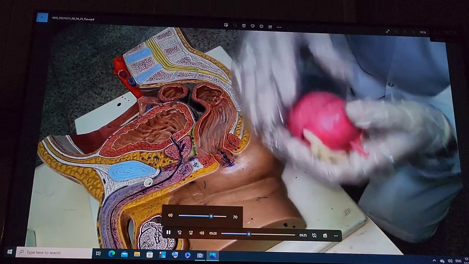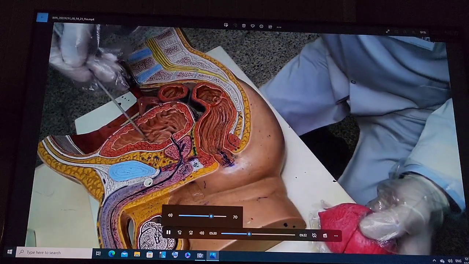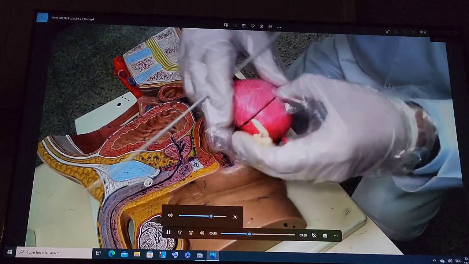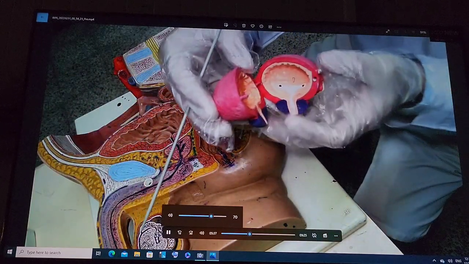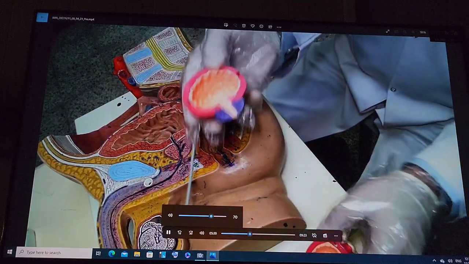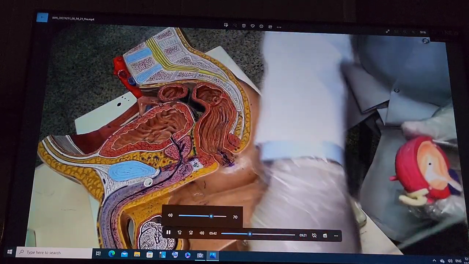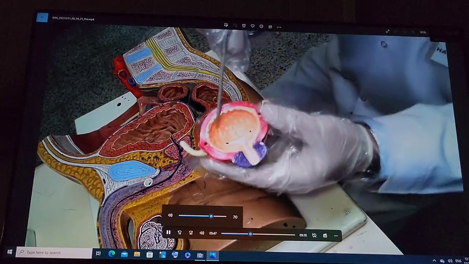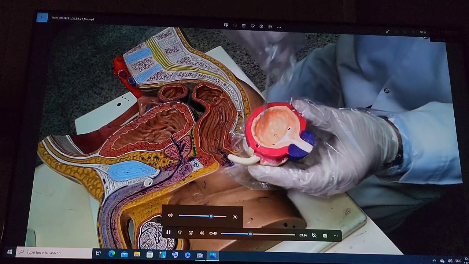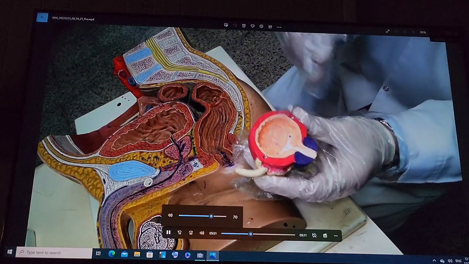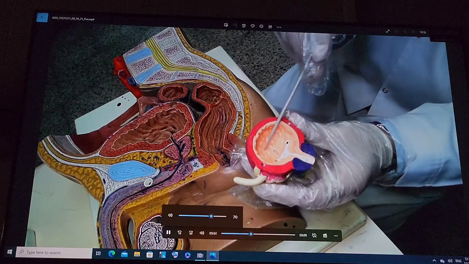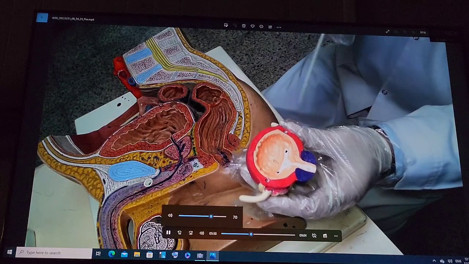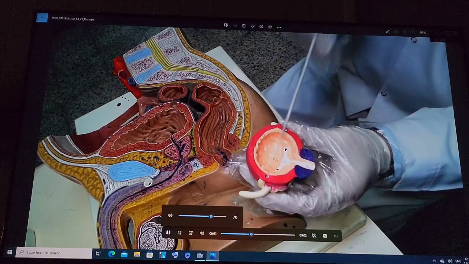If we look inside the urinary bladder, we can see the internal surface, which is thrown into folds. These folds are called rugae, and when we see this folding, we can imagine that this organ can be distended.